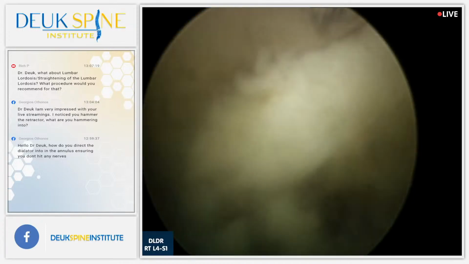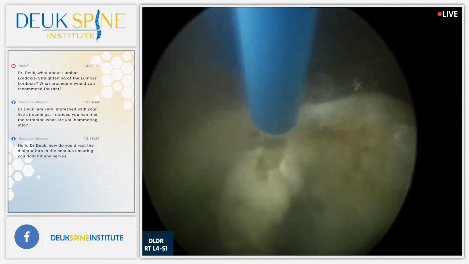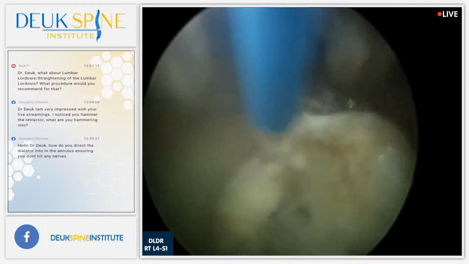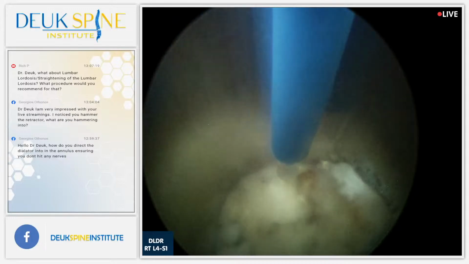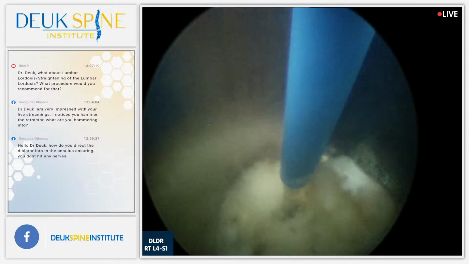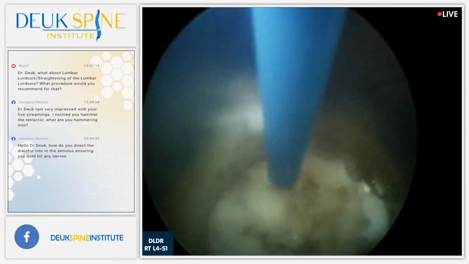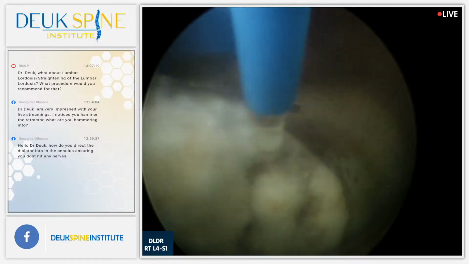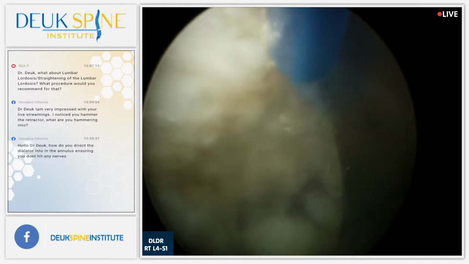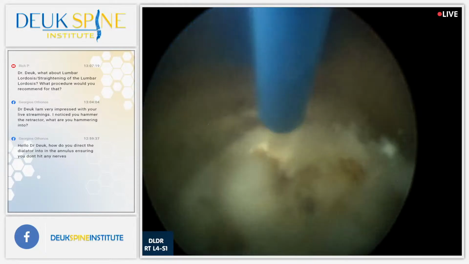Arthropathy is an abnormality of the joint. Hypertrophy is part of arthropathy, but not all of it. This patient has facet joint arthropathy, and that's causing his pain as well. So we're treating his facet joint arthropathy, his discs, his piriformis muscles, and his sacroiliac joint. All of them are contributing to his pain.